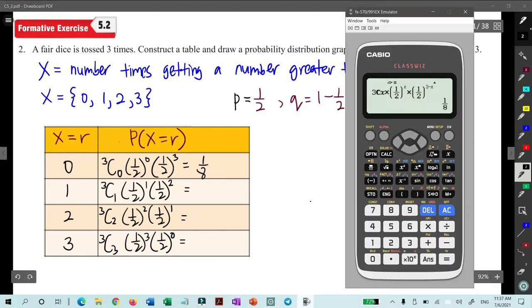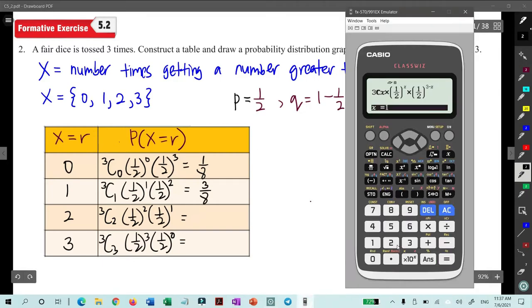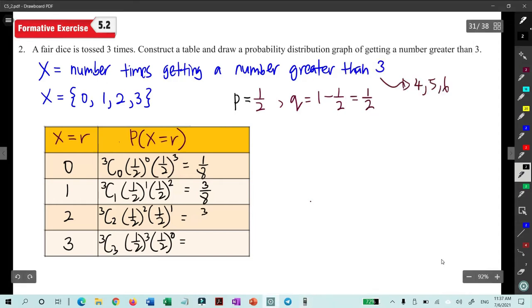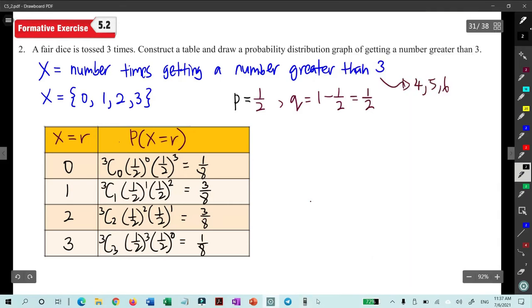Next I'm going to change x to 1, you get 3 over 8, and then when x is equal to 2, again we get 3 over 8, and the last one when x is equal to 3, the value is 1/8. So we are done with the table.